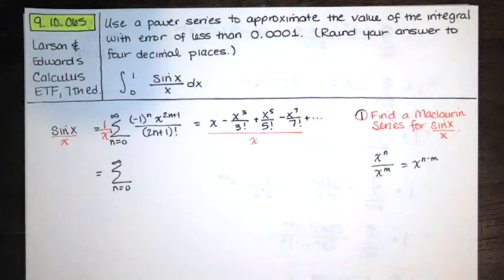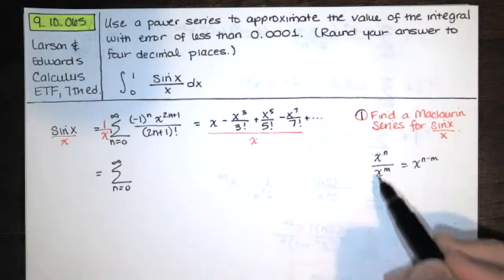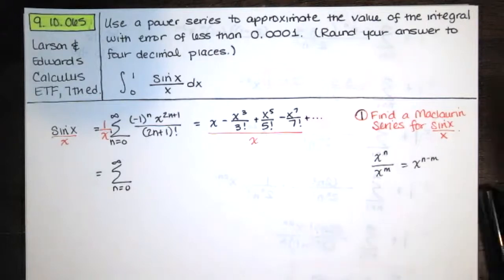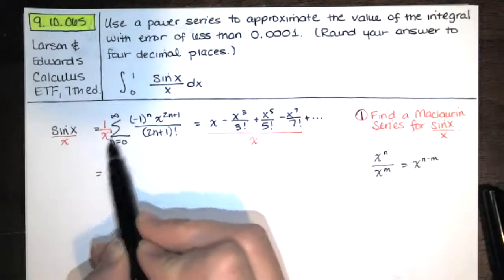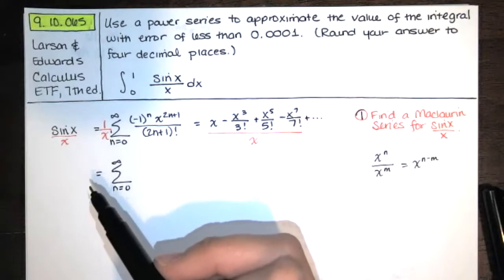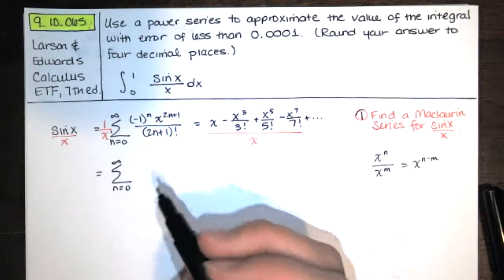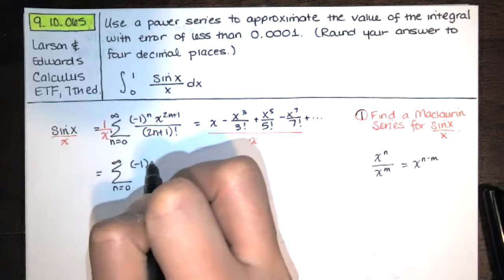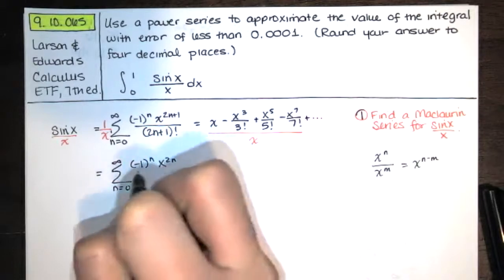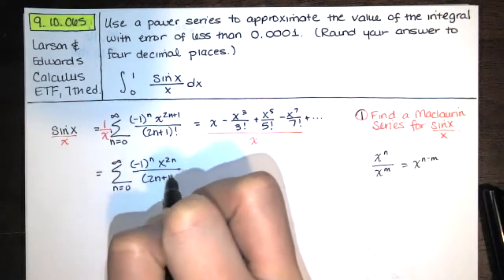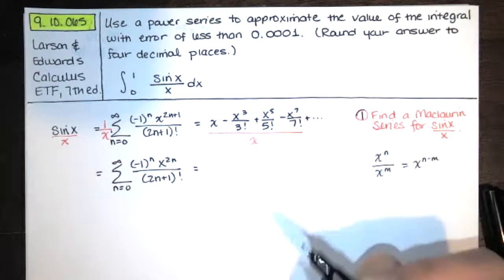That's legal and appropriate, provided that the base x is not equal to 0. So if I've got x to the 2n plus 1 and I'm dividing by x, I end up with x to the 2n. So we'll have -1 to the n times x to the 2n over 2n plus 1 factorial, which is exactly what we get over here.